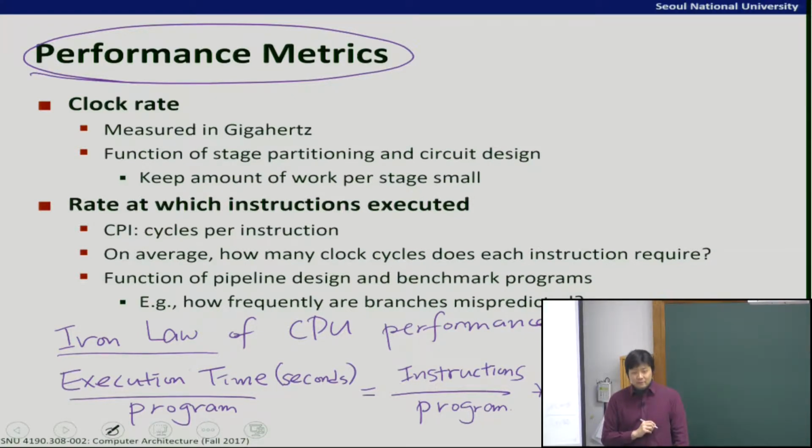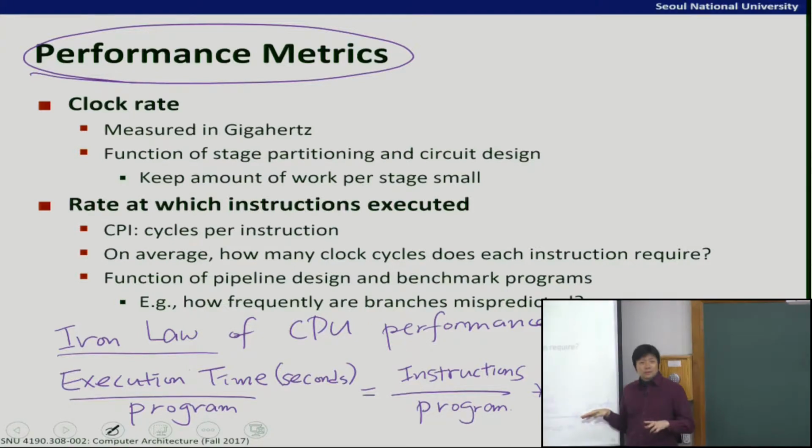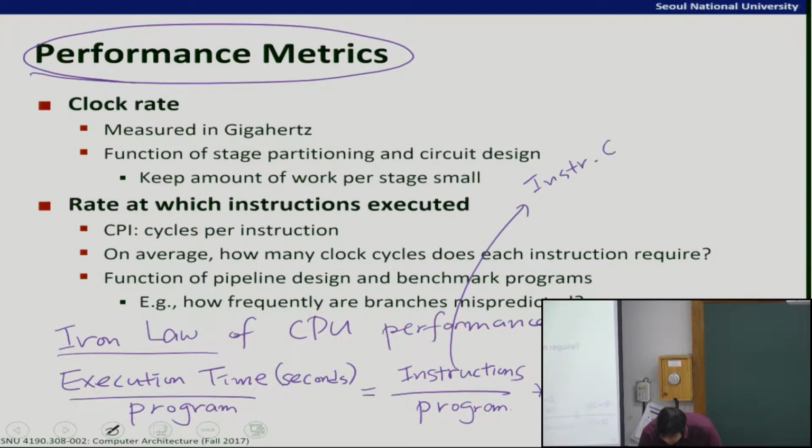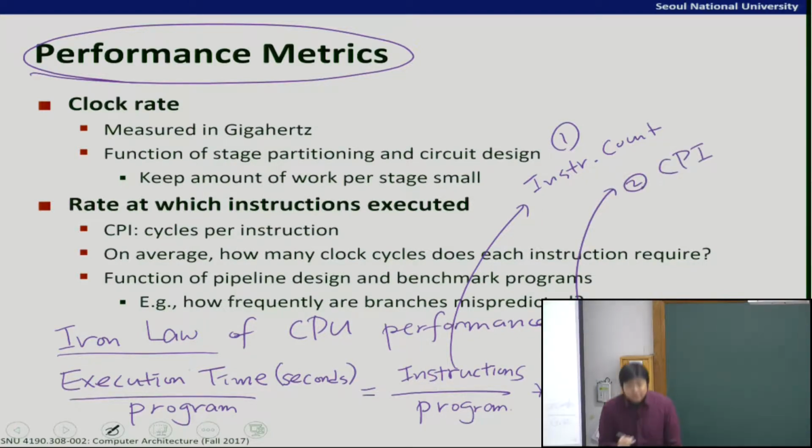If you multiply these 3 terms, you can calculate the execution time of your program on a specific pipeline or specific processor. The first term is called instruction count. The second term is called CPI, cycles per instruction. The third term is called cycle time, clock cycle time.